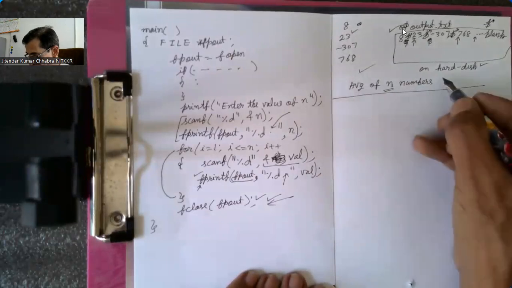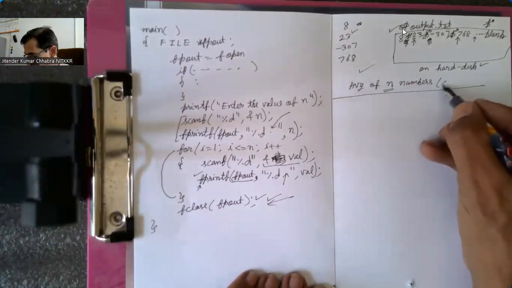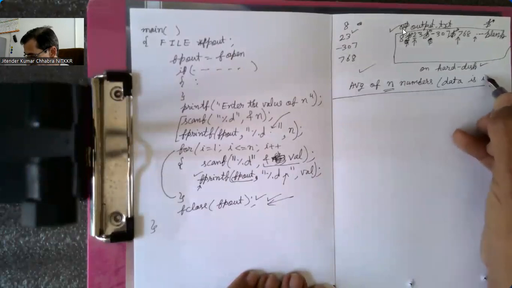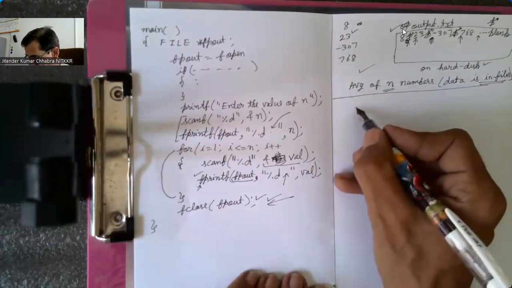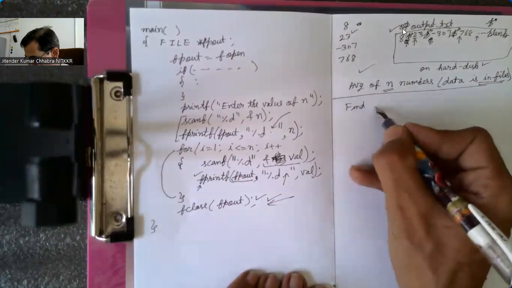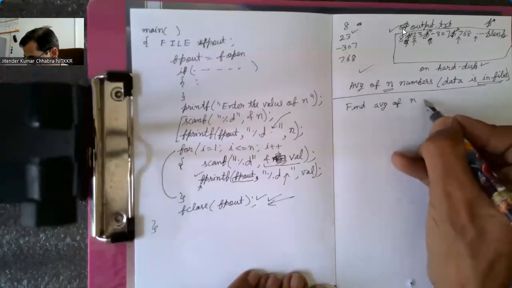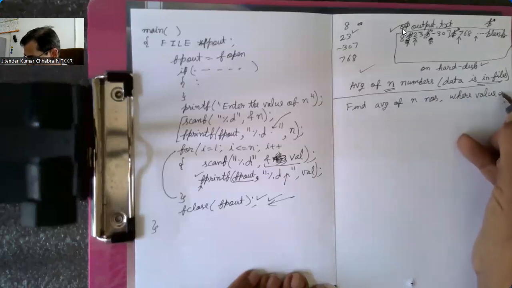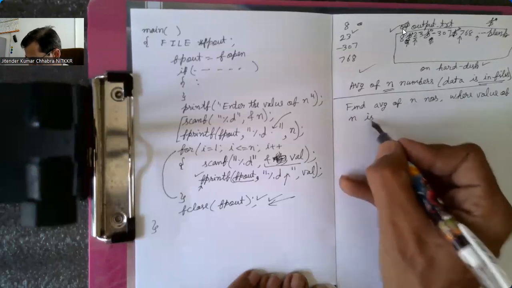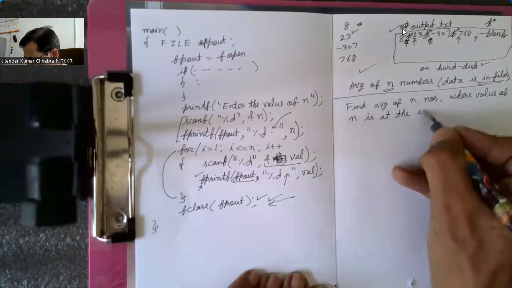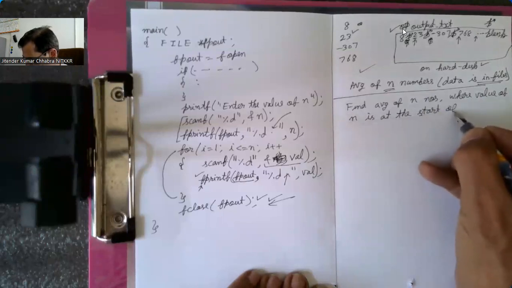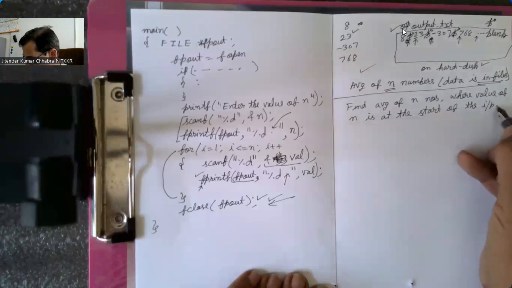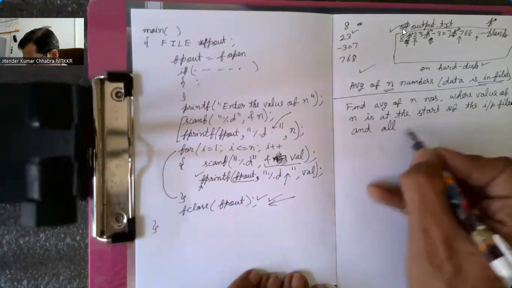Second program. I want to find the average of n numbers where data is in files. So effectively, I mean, find the average of n numbers where the value of n is in the input file, at the start of the input file, and all n values are also in the input file.